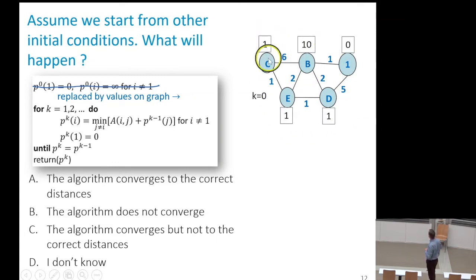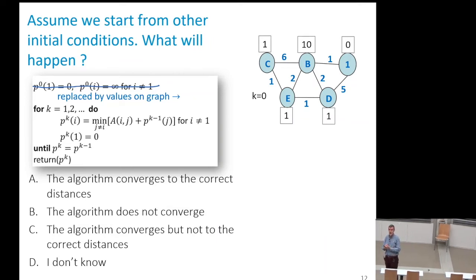For some reason, C, E, and D believe that they are at a distance of 1. Why is it? Perhaps because there was a direct link from them to 0, and this link has been broken. The 3 links at the same time were broken. They were using the same conduit, for example, that was broken. And B believes it is at the distance of 10, perhaps because the cost of this path has been changed from 1 to 10. So that is a very concrete and practical thing that might well happen.